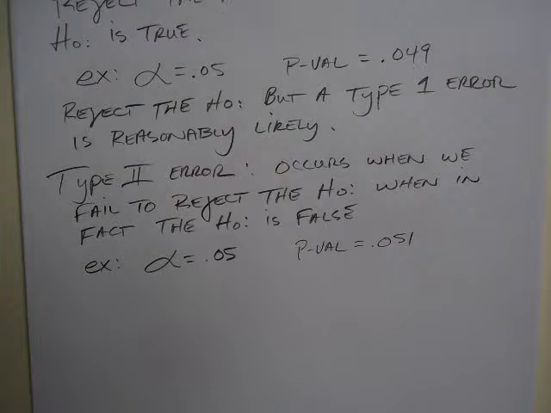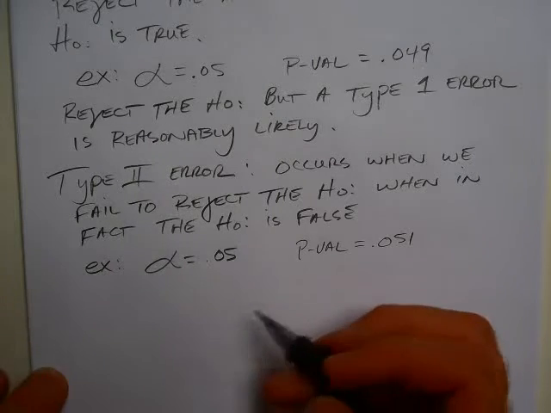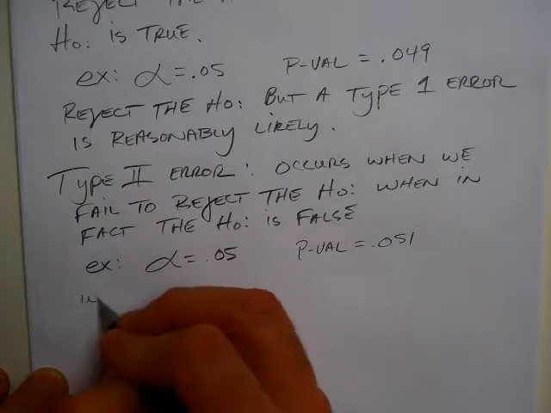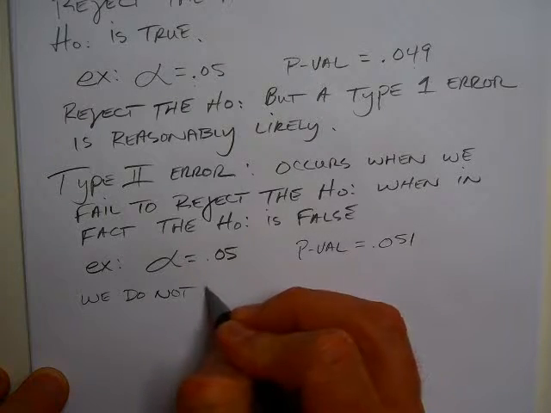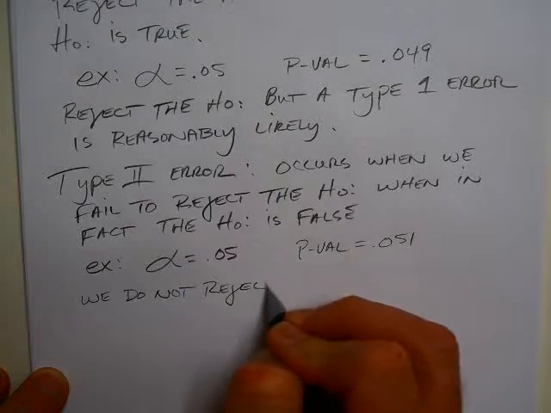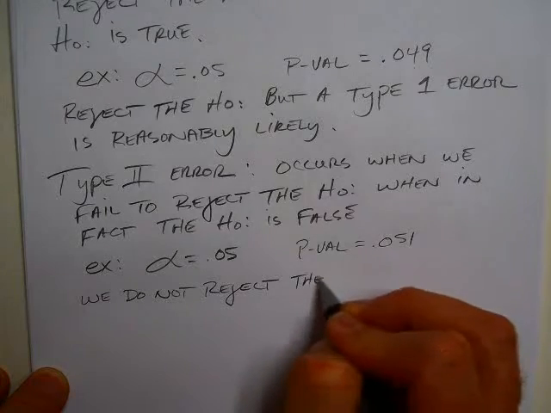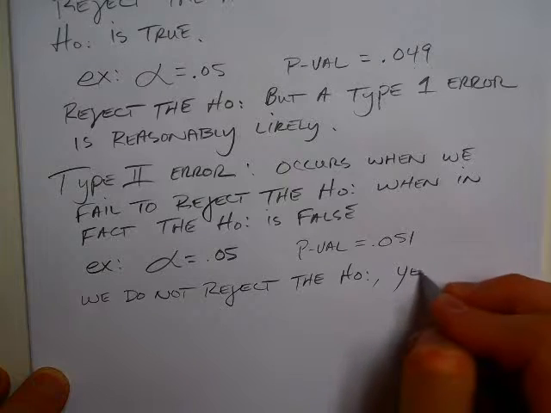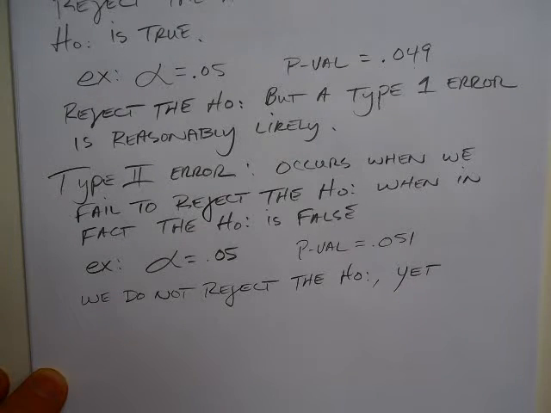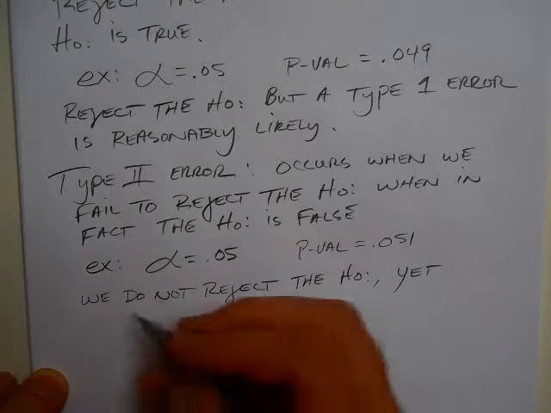But something's going on with our sample, not by any mistake that we've made, but just some fluke, where we should have, in fact, rejected the null. So we do not reject. Yet we risk making a type 2 error.